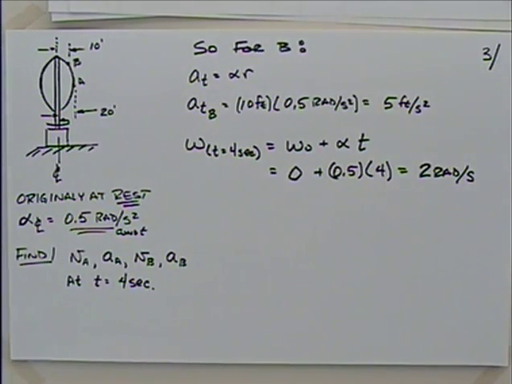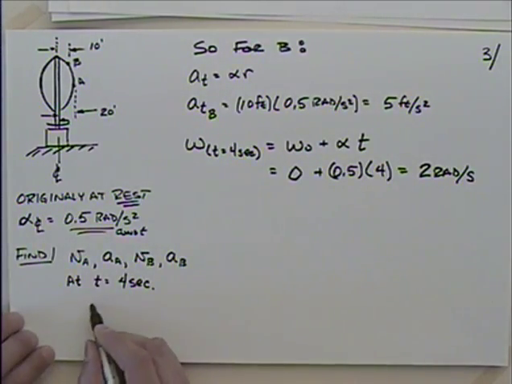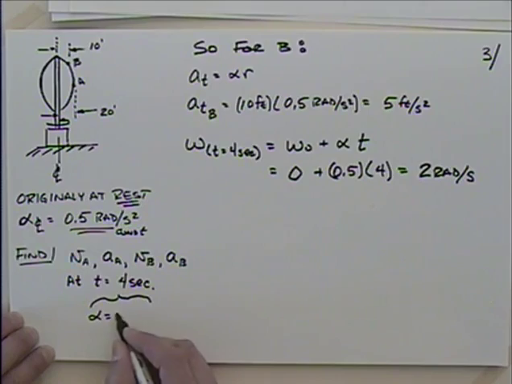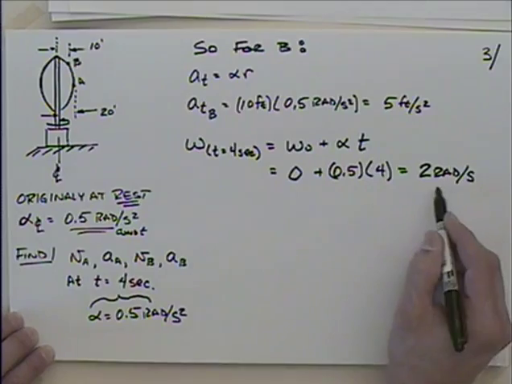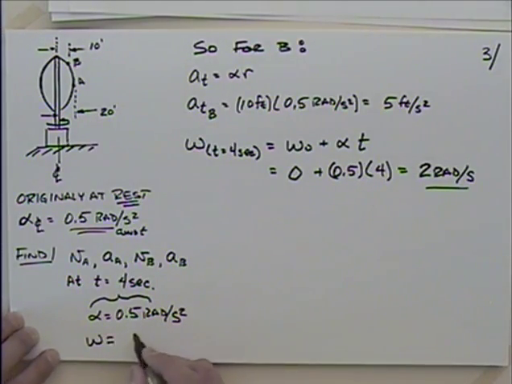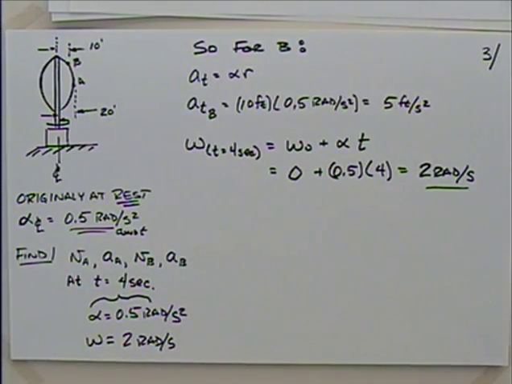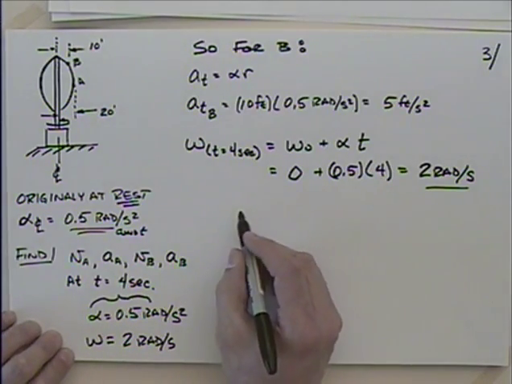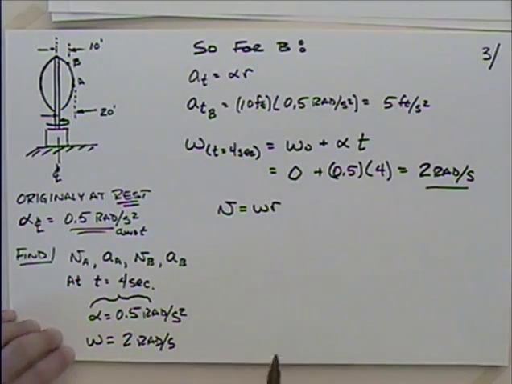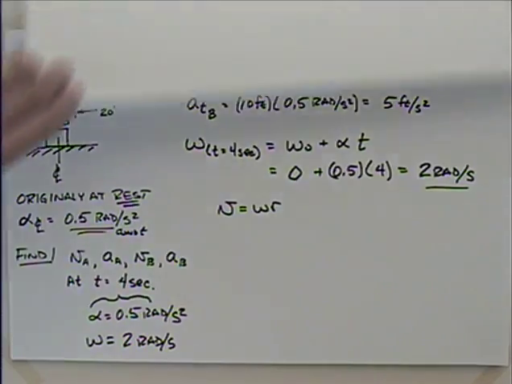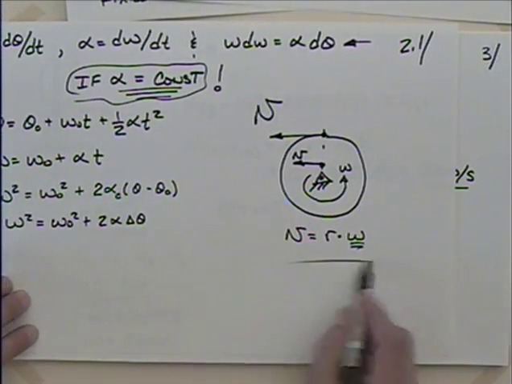So at t equals 4 seconds, we know that the angular acceleration, alpha, is equal to 0.5 radians per second squared. We were given that. And we just found that omega is equal to 2 radians per second. Well, that's good because I really need to find the velocity. What's the velocity? We can say that the velocity is equal to omega times r. We just saw that in this problem here, right? Velocity is equal to omega times r.